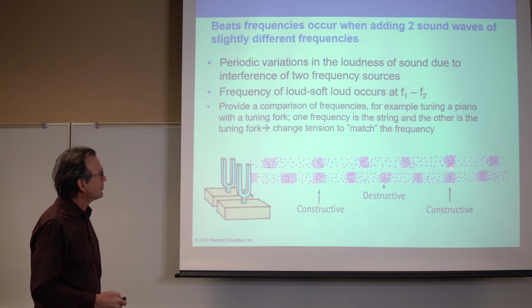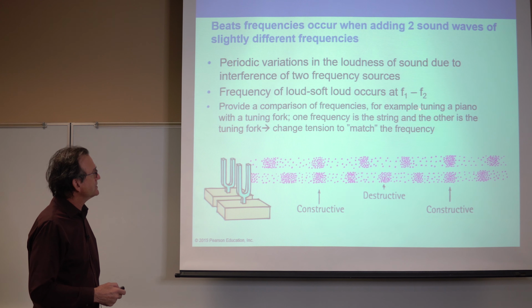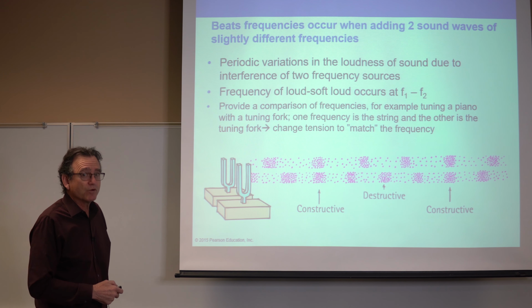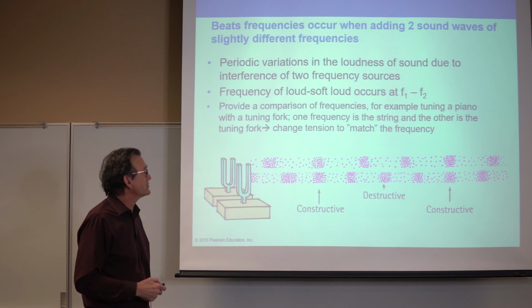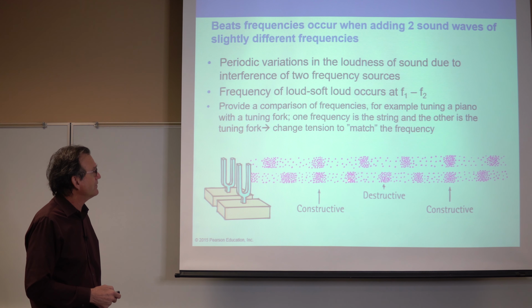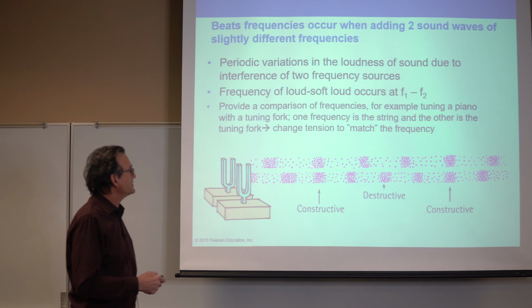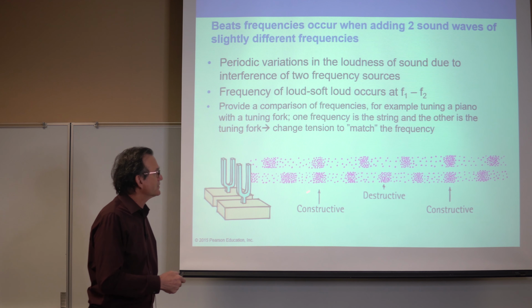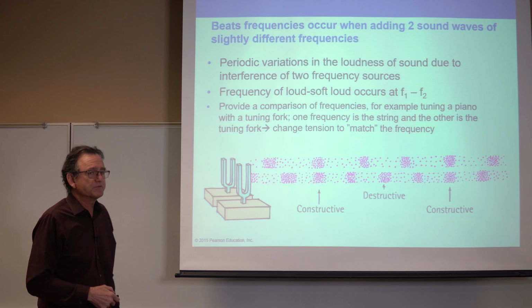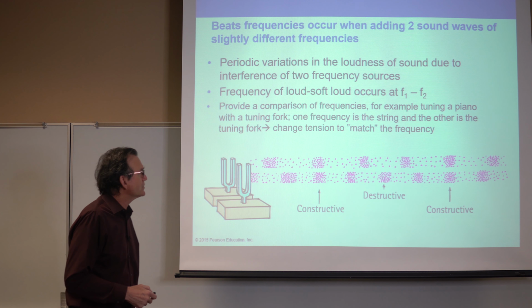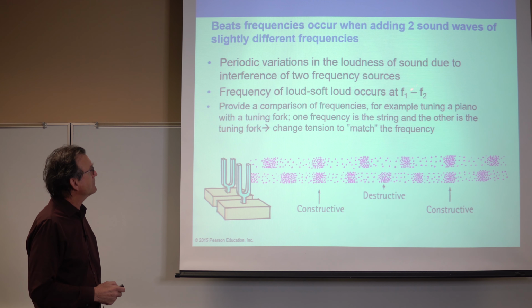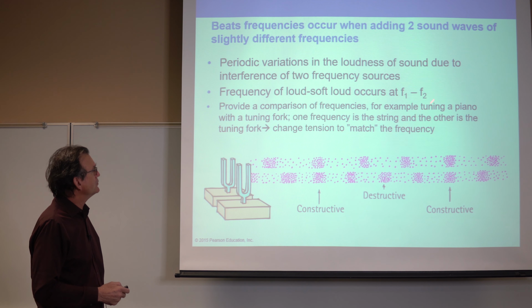But it only occurs at the difference frequency. So if this one is producing 440 compressions per second and this one is producing 445, the lineup, the time intervals between which you get perfect lineup between the compressed air of one fork and the compressed air of the other, is only 5 times per second, not 400. So it's at a much lower frequency, and it's given by the difference of the two tuning forks.